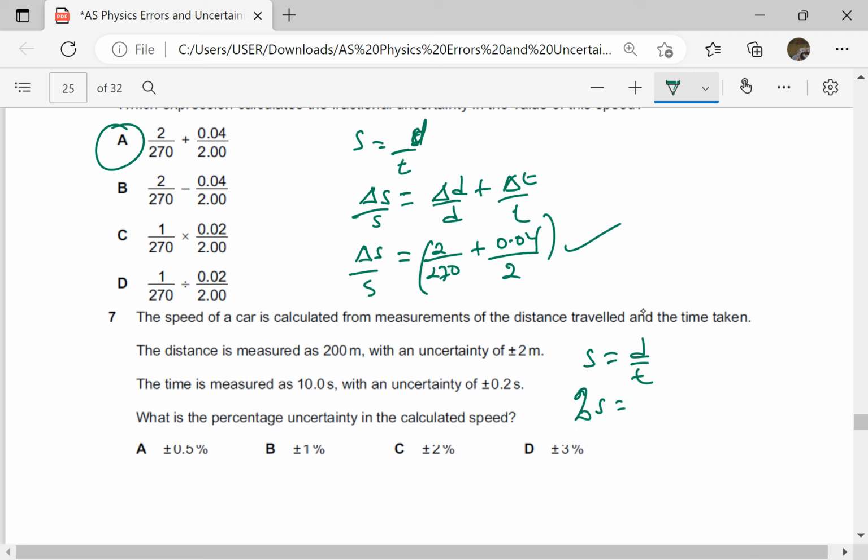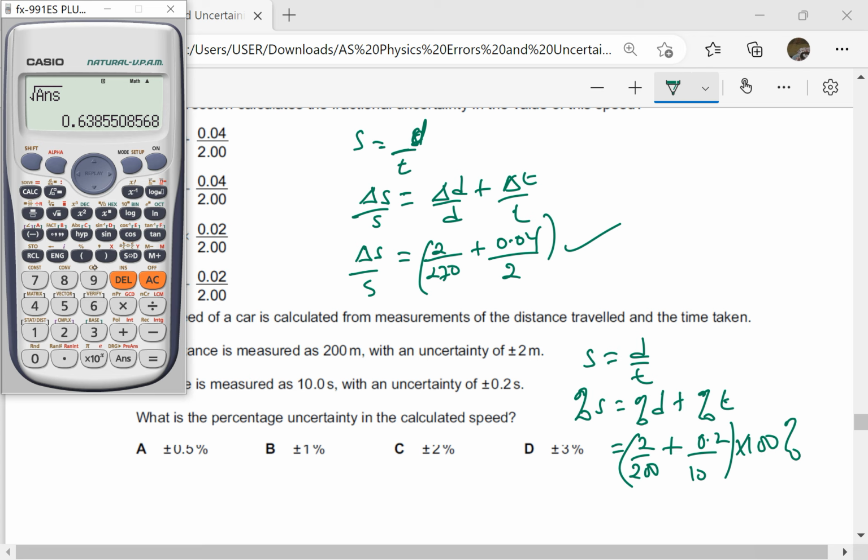So percentage in S is going to be percentage in D plus percentage in the time. For D, it is 2 divided by 200, plus for T, it is 0.2 divided by 10, and this will be times 100 to change it to percentage. So this is 2 divided by 200 plus 0.2 divided by 10, times 100, which is 3%. So the answer here is going to be D.